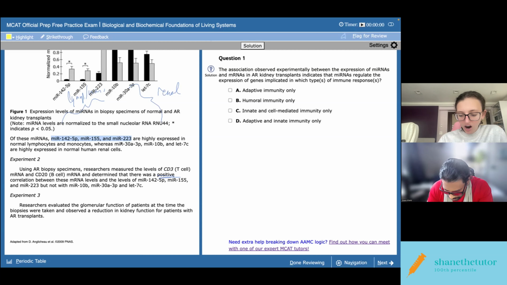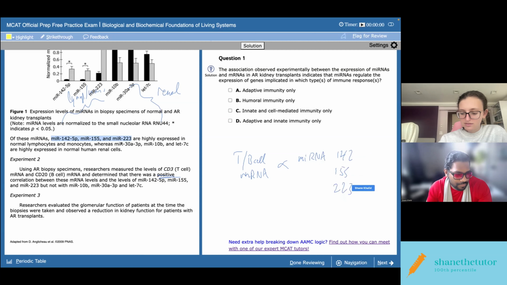So I would say T/B cell mRNA proportional to microRNA 142, 155, 223. All right. And then the next experiment.